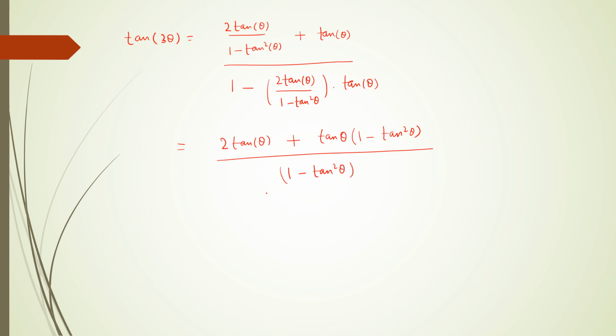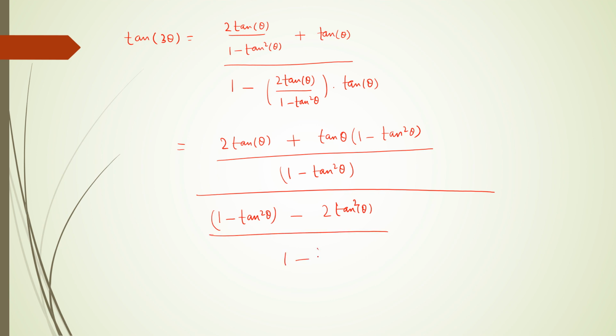Whole upon, the LCM would get multiplied here, 1 minus tan square theta minus 2 tan theta into tan theta, means this would also get multiplied to 2 tan square theta, upon the LCM, 1 minus tan square theta.